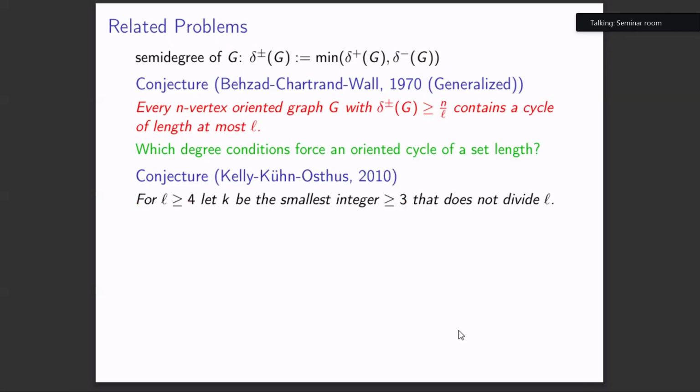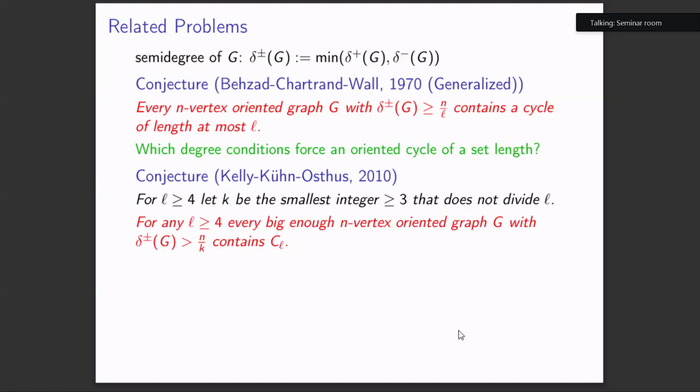There was a conjecture by Kelly, Kühn and Osthus in 2010, where they basically stated that there exists a very important constant for L, which is sufficient. Let me give you an intuition about it. Say we want to force the existence of a cycle of length L, and we wonder how big a semidegree can get.